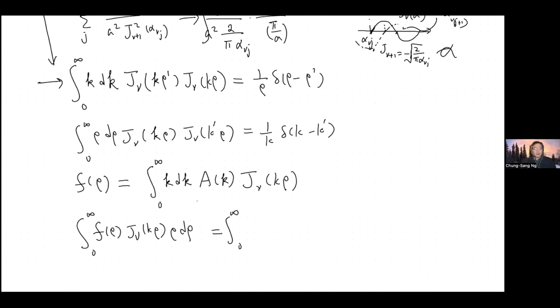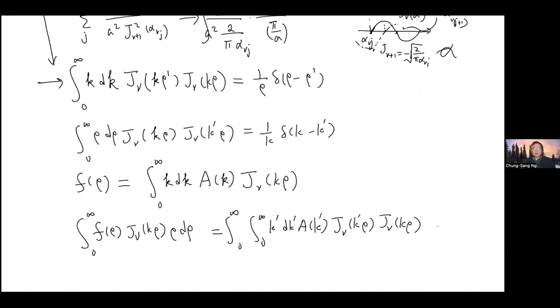And then there's a k here, but this is an integration variable, so we change that to integrating over k pi, dk pi a k pi, and then you have j nu k pi rho. So everything here is this f, and then we multiply by j nu k rho and rho d rho.